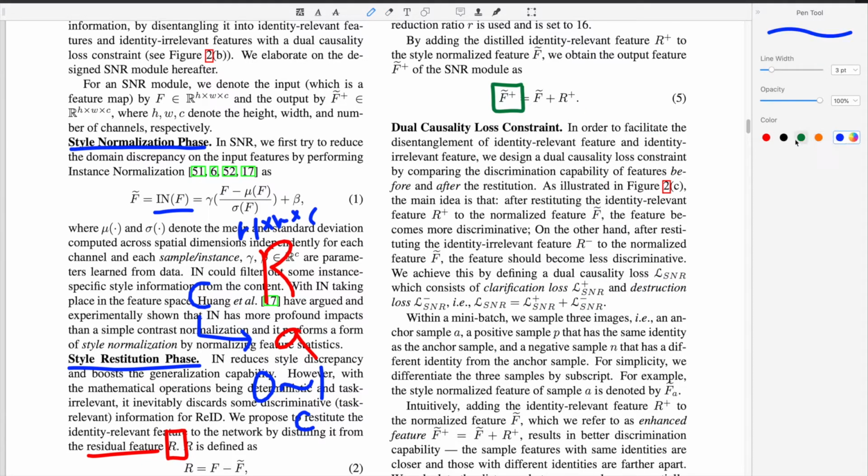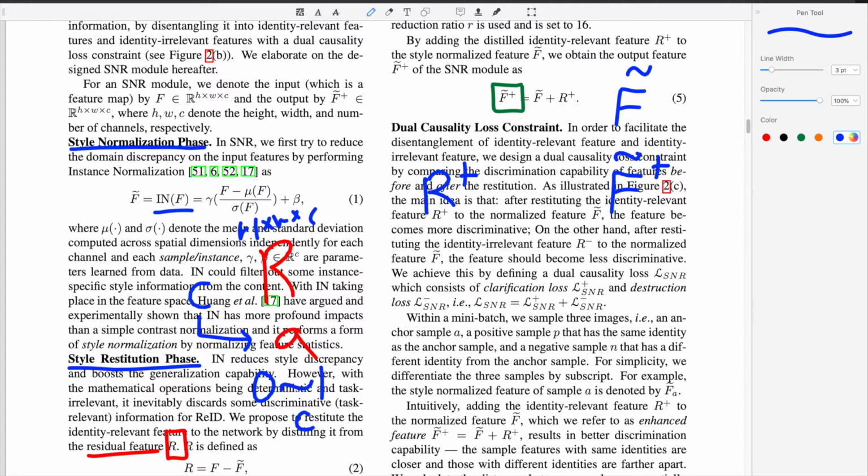So after restituting the identity relevant feature R plus to the normalized feature F squiggly, we obtain F squiggly plus, which we expect to be more identity relevant and more discriminative in terms of ReID, of course.